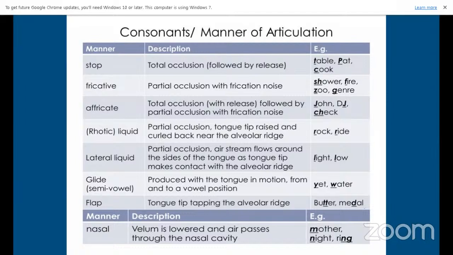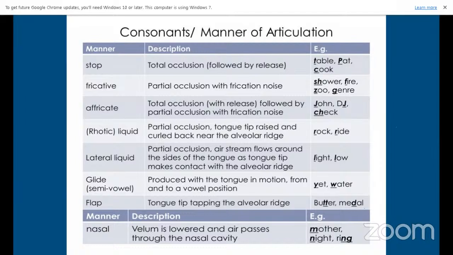Then you have the lateral. Now the lateral, I'll tell you in simple terminology, is where there's a partial closure and the airstream flows around the sides of the tongue as the tongue tip makes contact with the alveolar ridge. For example, the L sound.